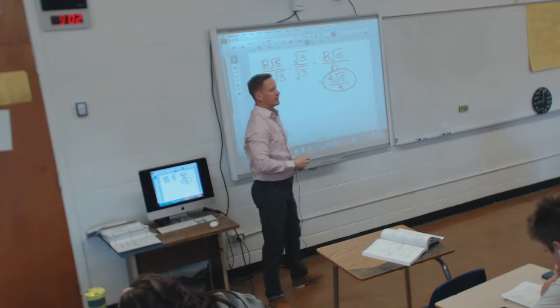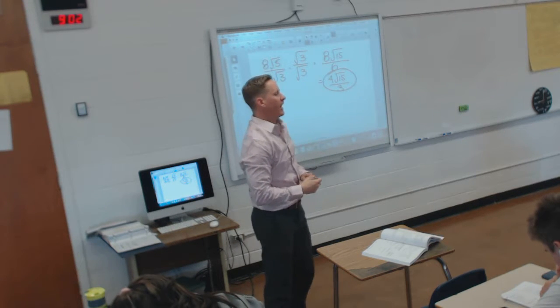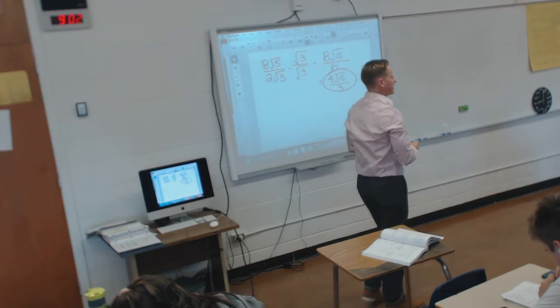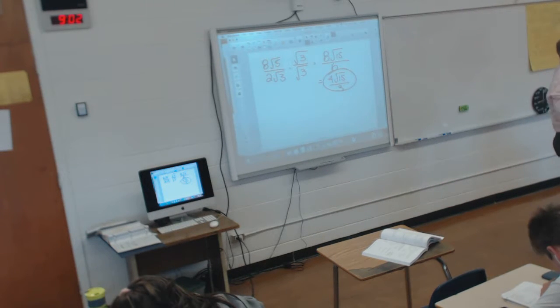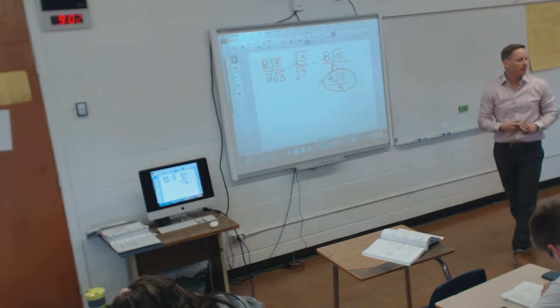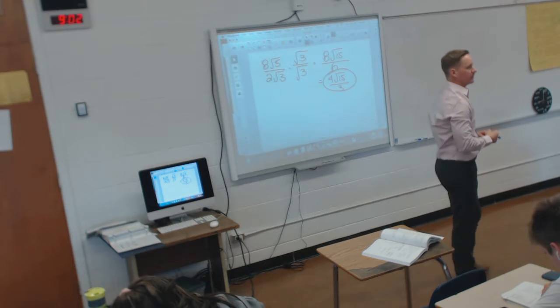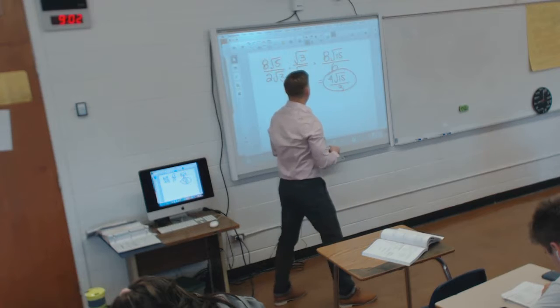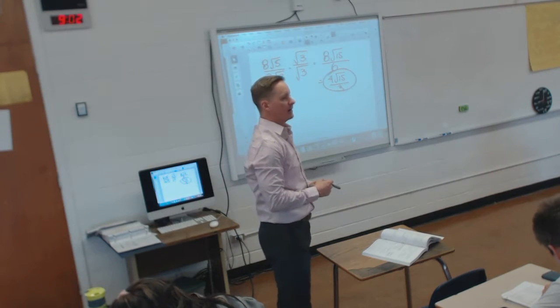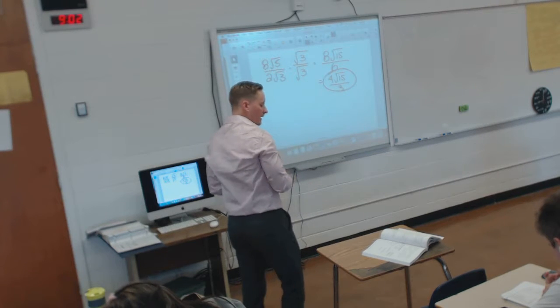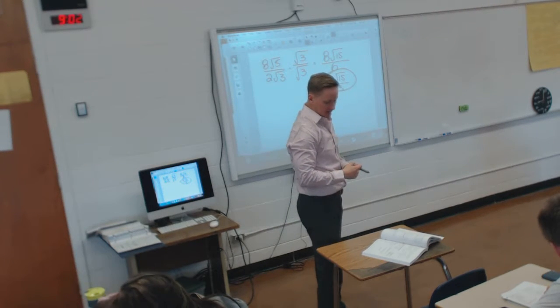There's my simplified answer. You have to rationalize all fractions. You cannot have a square root on the bottom of it. And the only way to rationalize is to multiply the square root by itself. Okay? And again, this is not calculator work.